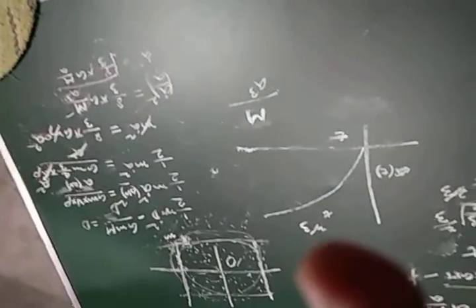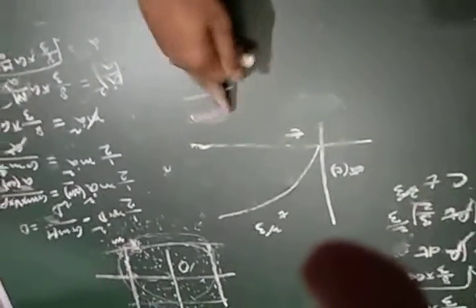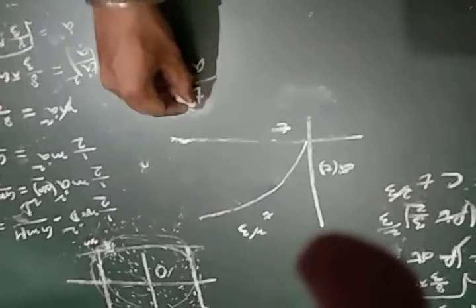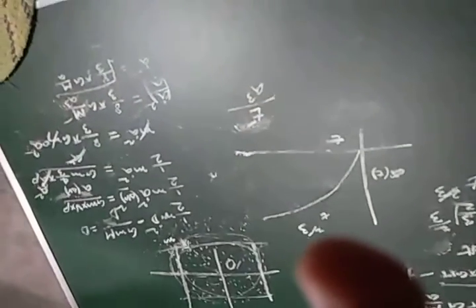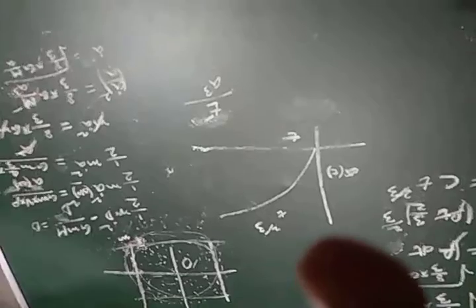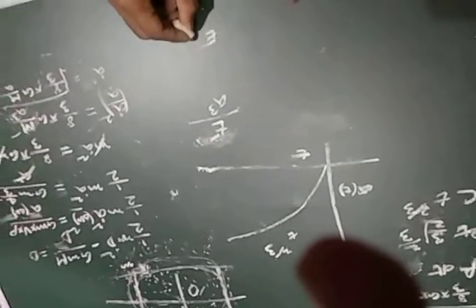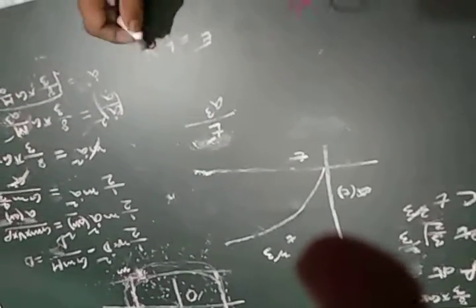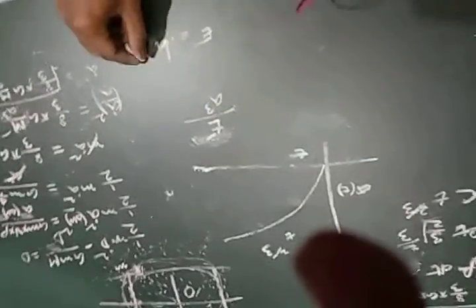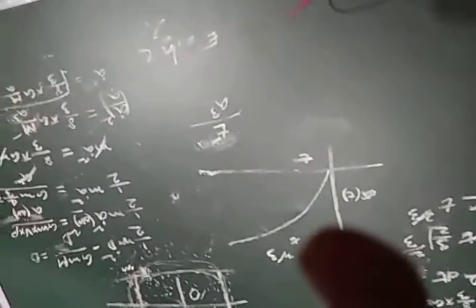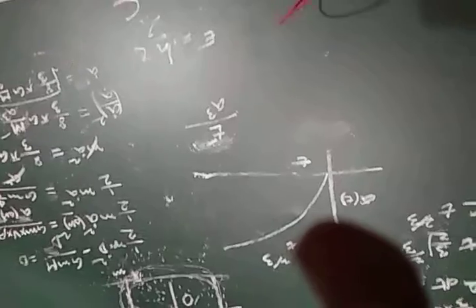The mass concentrated here is equivalent to an energy, but this energy is not a constant. We know the energy of a photon is given by h nu, or h c by lambda, or a big constant divided by lambda.